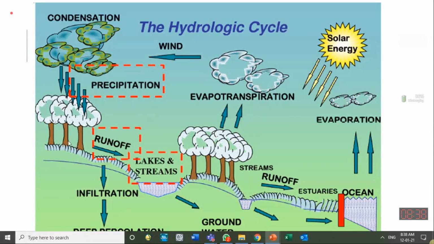Either the stream will be getting water from the sheet flow or the surface flow, or it will be getting water by direct precipitation on the stream. Streams are over the land surface, so some streams get direct precipitation, but that is a small amount, or some groundwater also moves downhill. So here we are showing you the water table line.